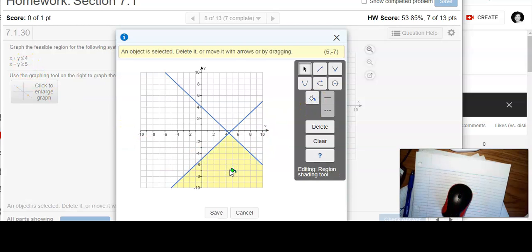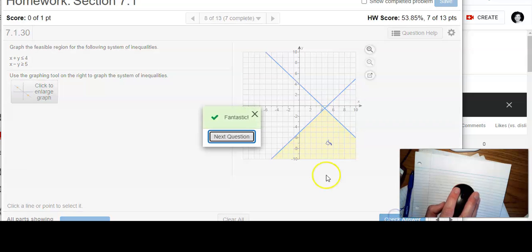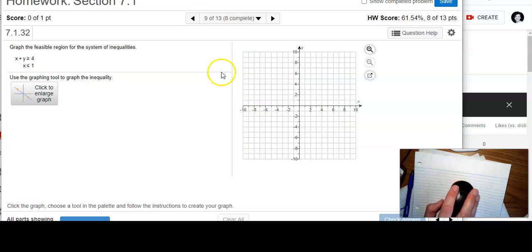So you just need to grab test points in there, but if you think about it, you've got 1, 2, 3, 4 areas that you could shade. It helps to wheedle it down so you're not grabbing test points all day long. Both of those are supposed to be solid. There we go. All right, so I have x plus y is greater than or equal to 4.